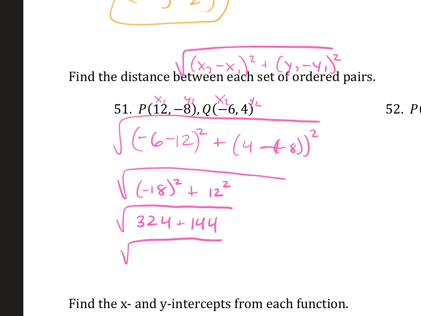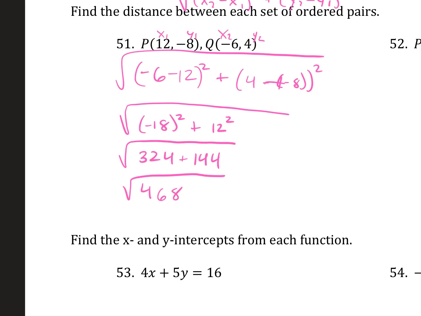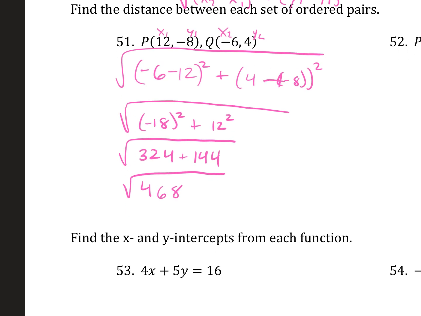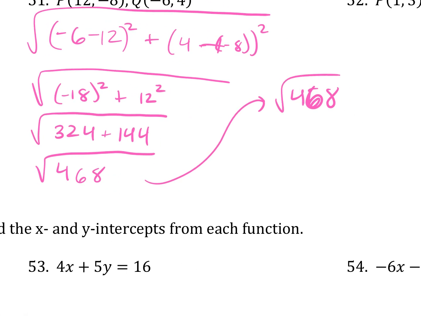So this would be 468. We could simplify this. Square root 468. 4 goes into this 117 times. 3 goes into 117 how many times? 39.